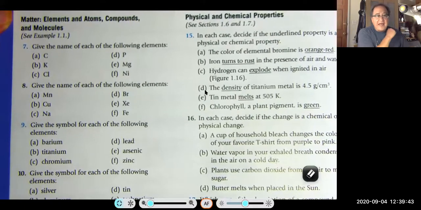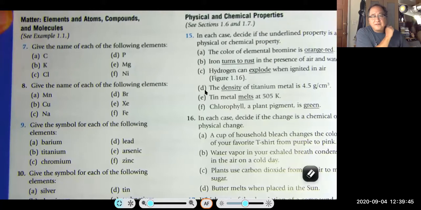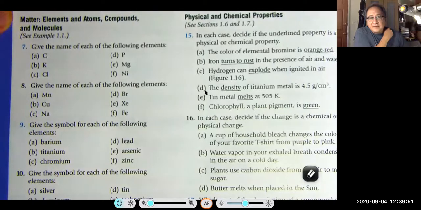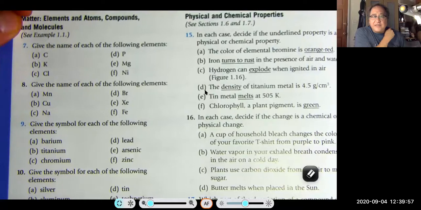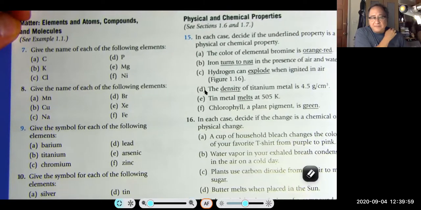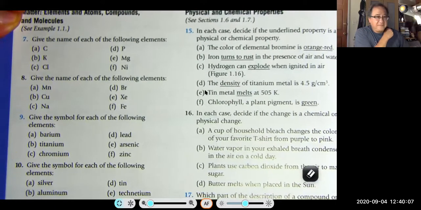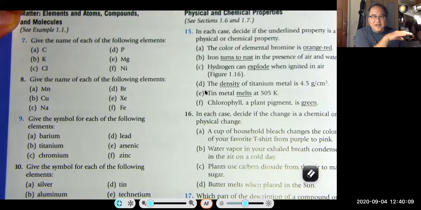Okay. A, carbon. B, potassium. The reason it has the letter K is it's for the Latin name, kalium. C, good, chlorine. You see how I did that? I assumed you got it right and I said good.